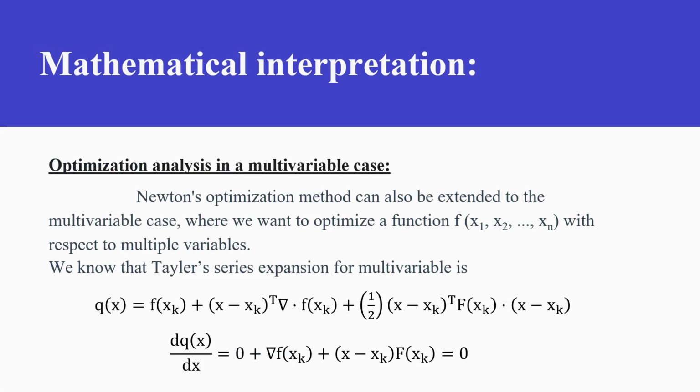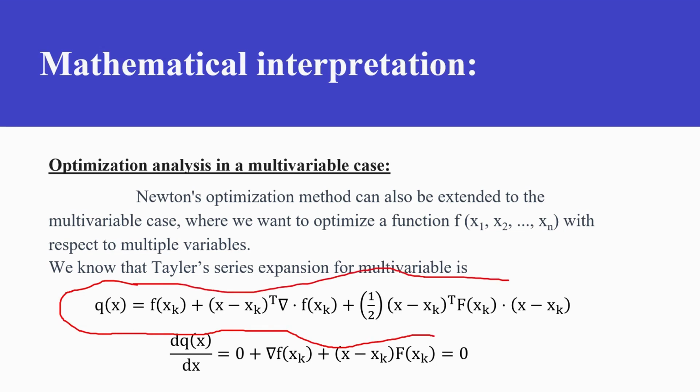Let us discuss the mathematical interpretation of optimization analysis in the multivariable case. Newton's optimization method can also be extended to the multivariable case, where we want to optimize a function f(x1, x2, ..., xn). This is the Taylor series expansion in the multivariable case.